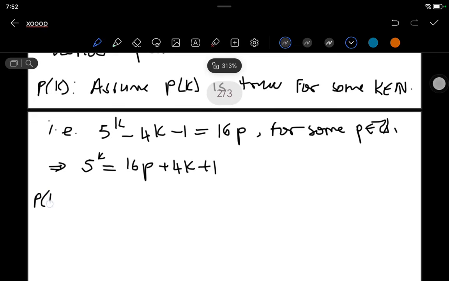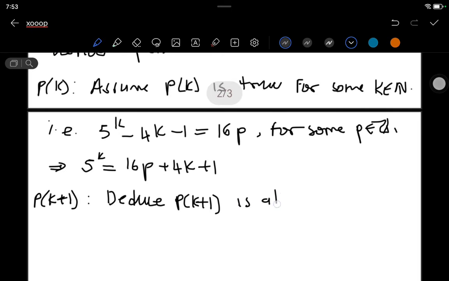Then we come to the deduction part, P of k plus 1. We deduce that P of k plus 1 is also true. We're not going to specify the set again, since we've already specified it in the previous assumption.